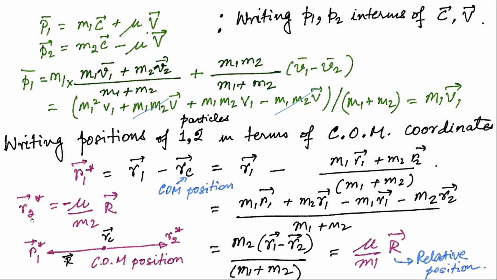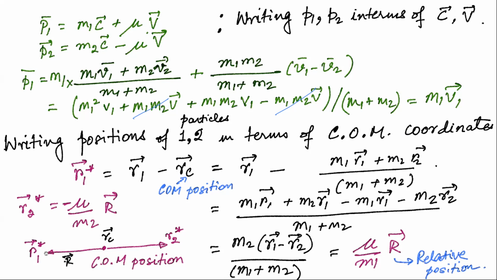And similarly, R2 star, you can see, can be written as mu by M2 times this R vector.